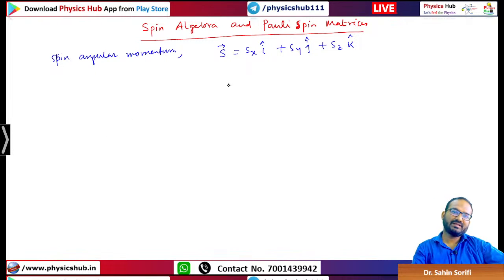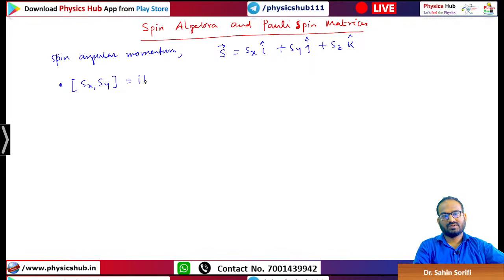And they follow a similar type of commutation relation. If you take the commutator between Sx and Sy, this will give you i h cut Sz. Between Sy and Sz, it will give you i h cut Sx. Between Sz and Sx, this gives you i h cut Sy.